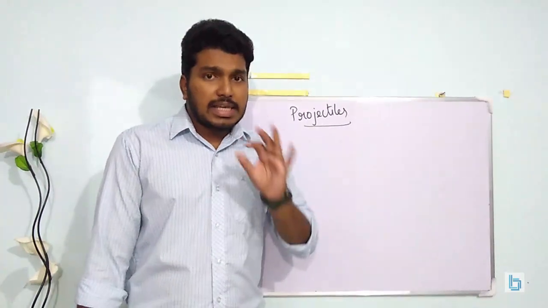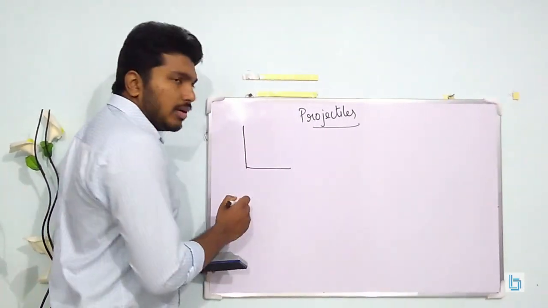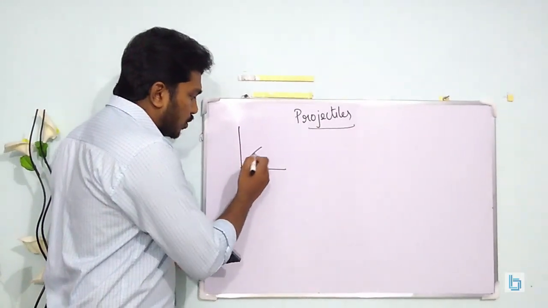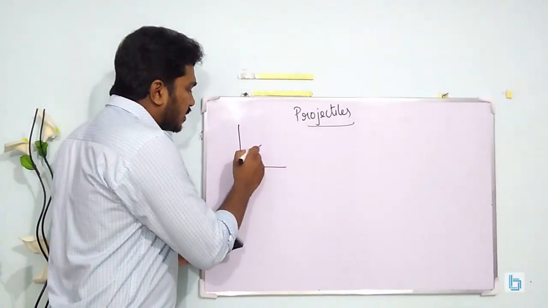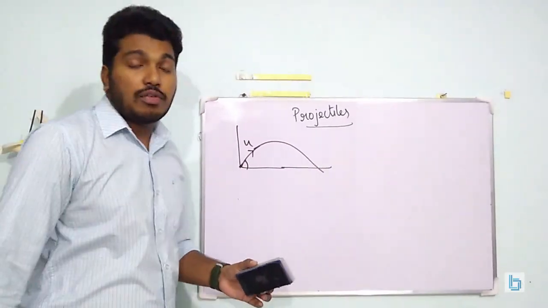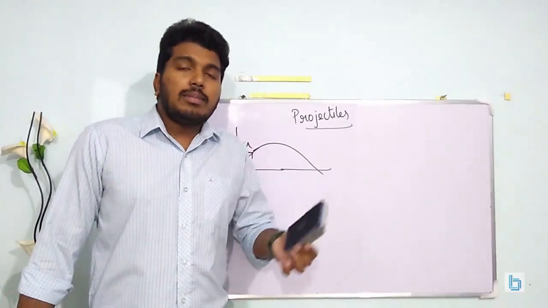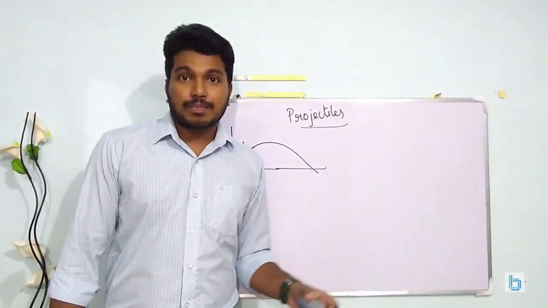I repeat, it is any object thrown with a certain initial angle theta with respect to the horizontal or the vertical, with a certain velocity, and which subsequently falls freely under the effect of gravity of Earth alone.